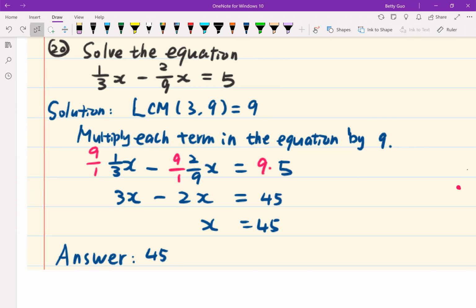The first term, 9 over 3 is 3. Second term, 9 over 9 cancels, you have -2x. Right hand side, 5 times 9, 45. Left hand side, combine like terms, 3x minus 2x, we have x. So x equals 45. Is that easy? And similar with the earlier two problems involving fractions.